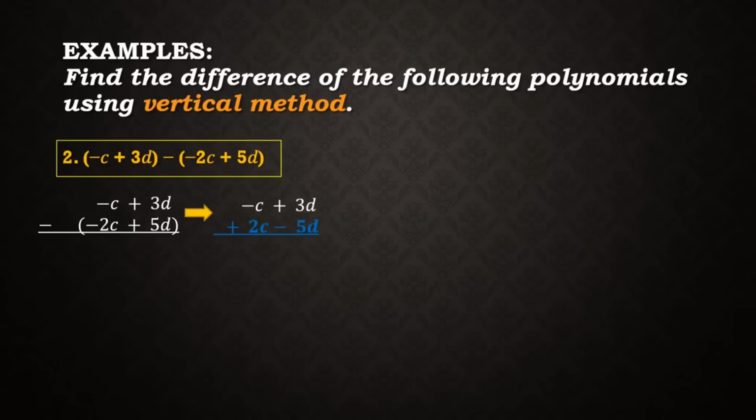Then we change the operation into addition and write the opposite of the signs of the terms of the subtrahend. That's why we will obtain negative c plus 3d plus 2c minus 5d. Then we apply addition, and negative c plus 2c is equal to c, while 3d plus negative 5d is equal to negative 2d. So the final answer is c minus 2d.